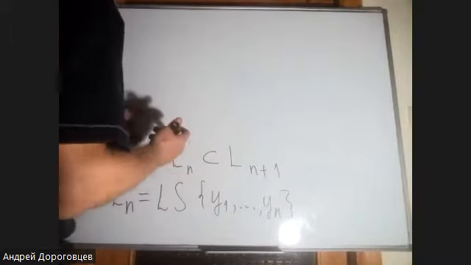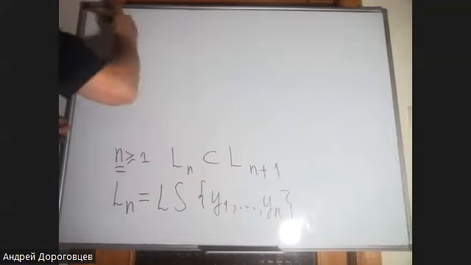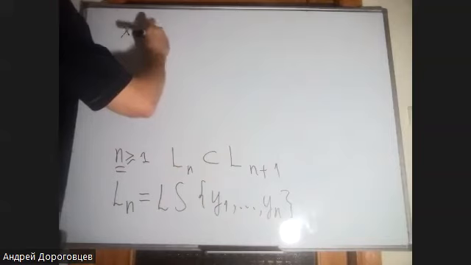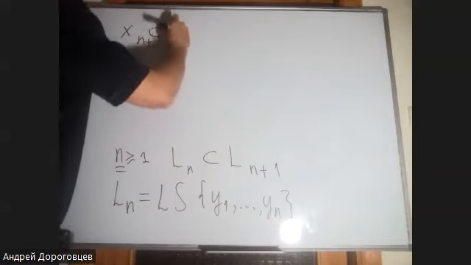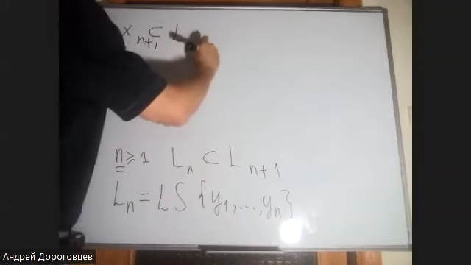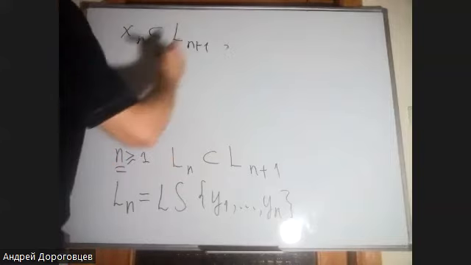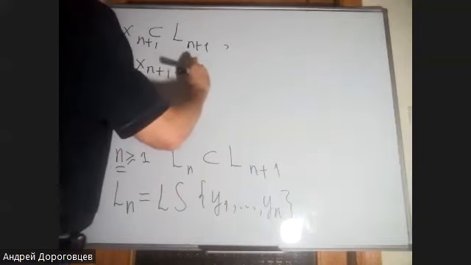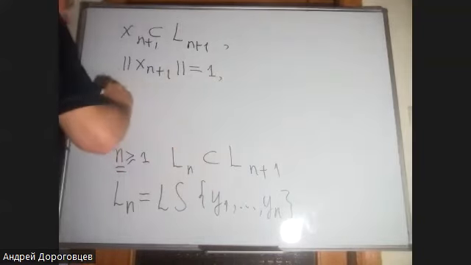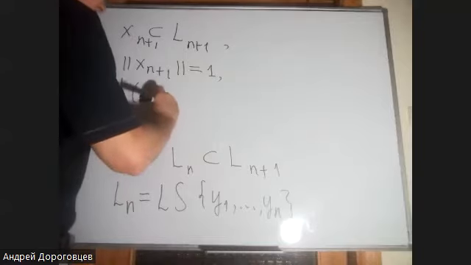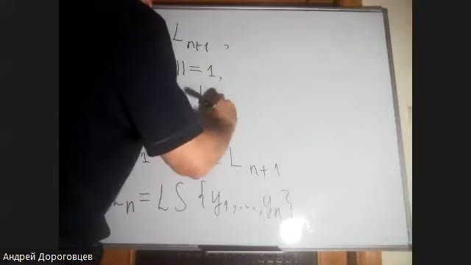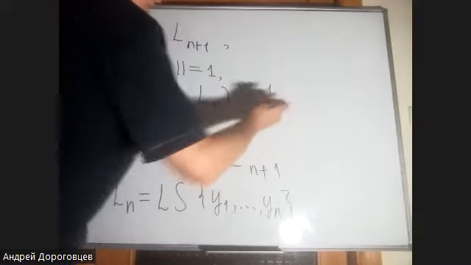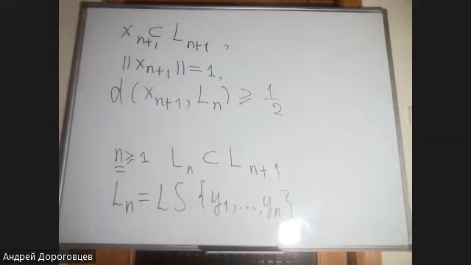I'm finding such a sequence of xn. Xn plus 1 will belong to Ln plus 1. The norm of xn plus 1 will be equal to 1. The distance of xn plus 1 to Ln will be greater or equal than 1/2. Now I'm taking epsilon equal to 1/2.